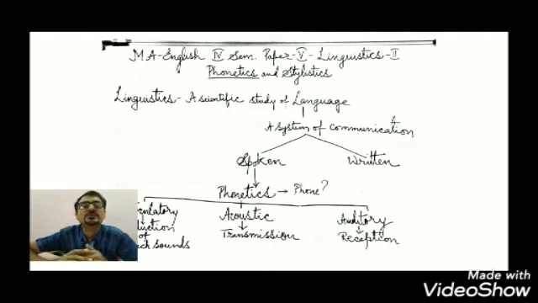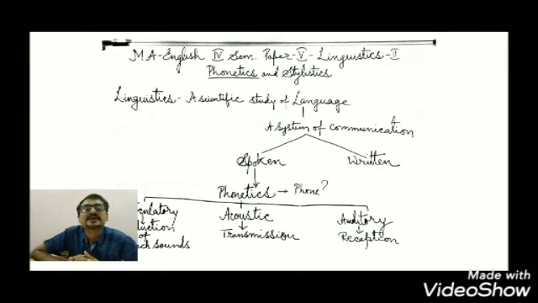And what is linguistics in one line? We can say linguistics is a scientific study of language. Now what is language? Language is a system. It is a system of communication. Like when we are face to face with each other, we speak, and when we are not face to face and we don't have any devices to talk, we write.